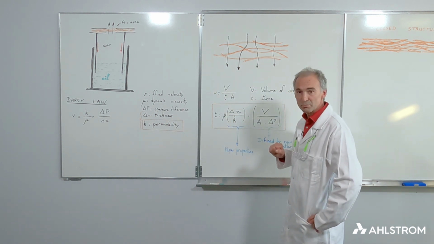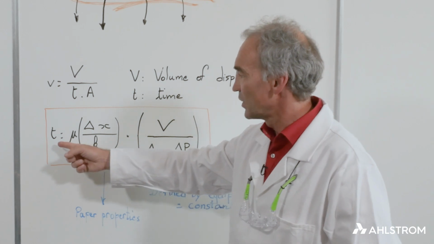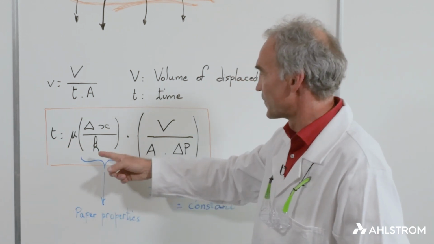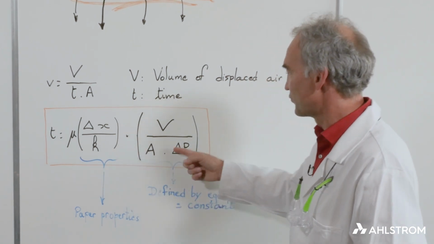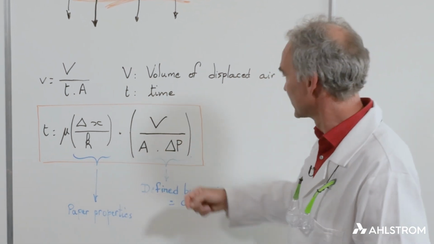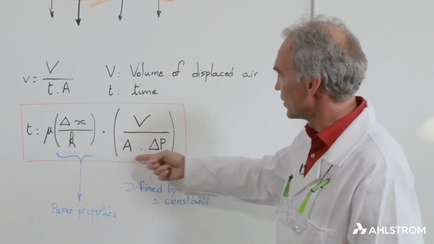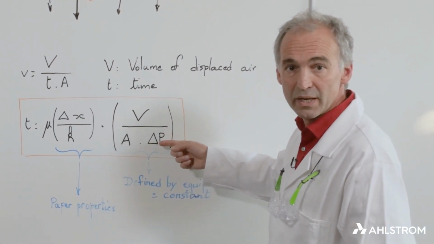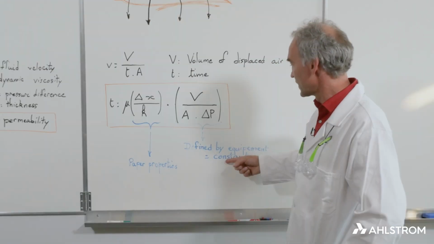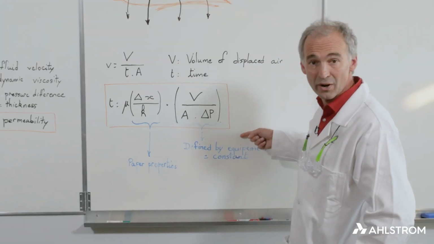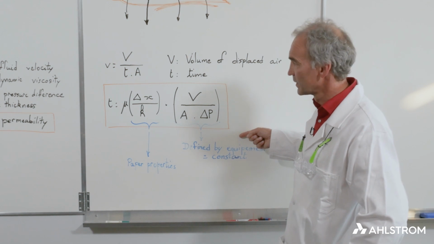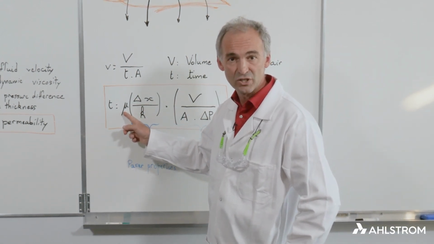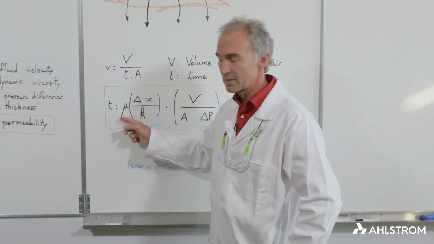and with some rearrangement, we can link the time of measurement to different factors. The last factor, volume, area, differential of pressure, is constant and is defined by the Gurley equipment. The first term is the dynamic viscosity. It is also constant.